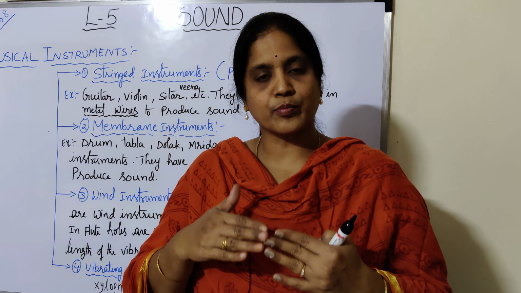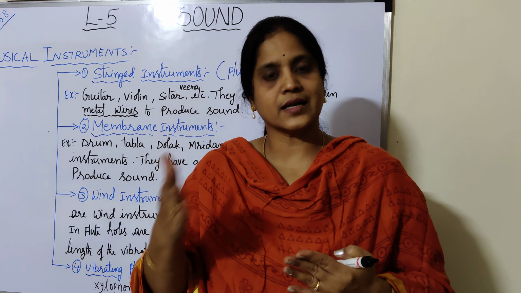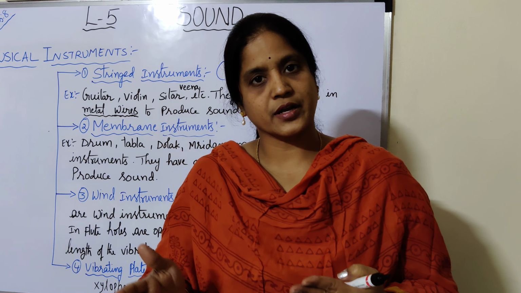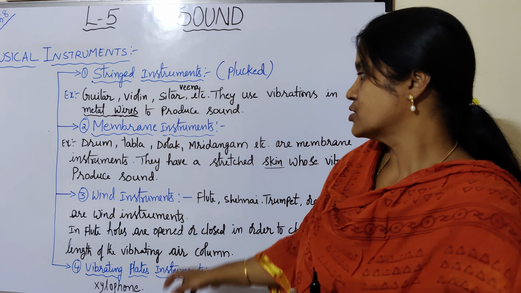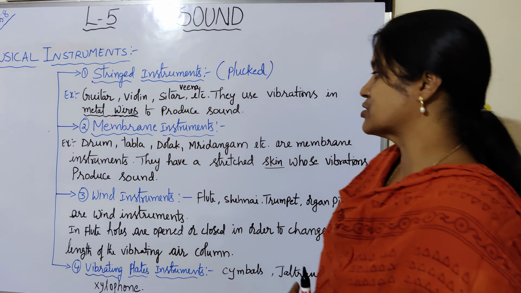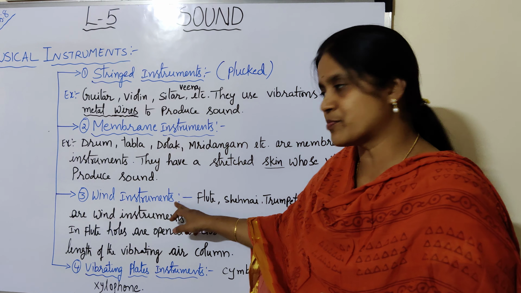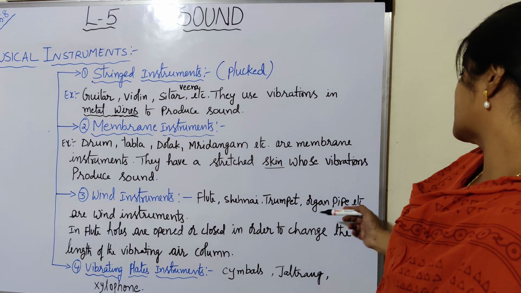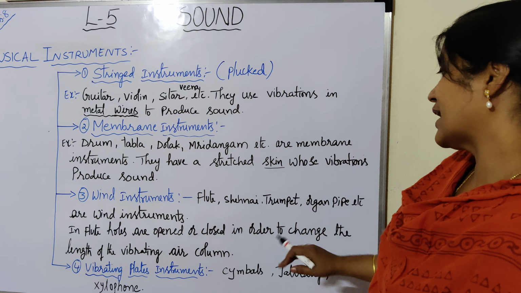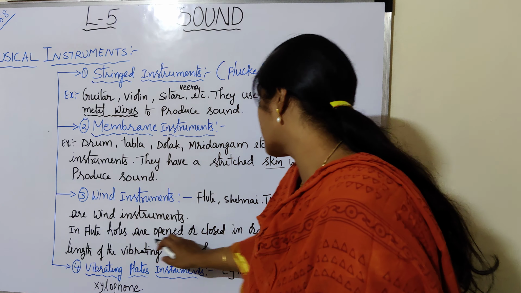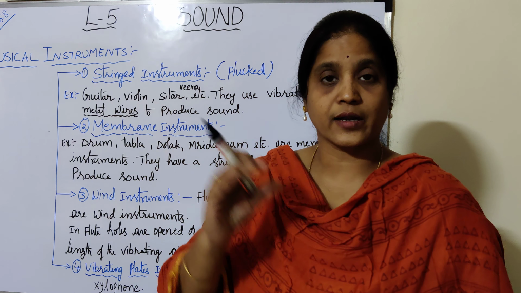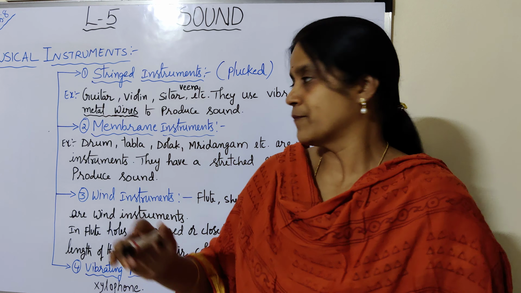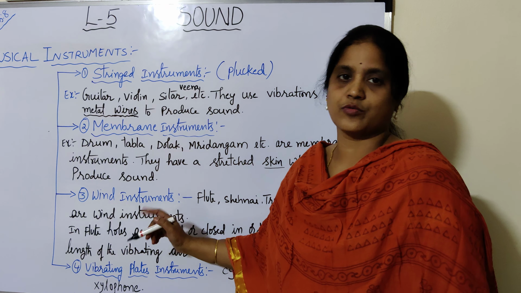When you blow air, the air particles inside start vibrating, and due to that vibration they produce sound. So in wind instruments, which part is vibrating? The air particles. The flute holes are open, so all the air particles vibrate, and due to that they produce sound.